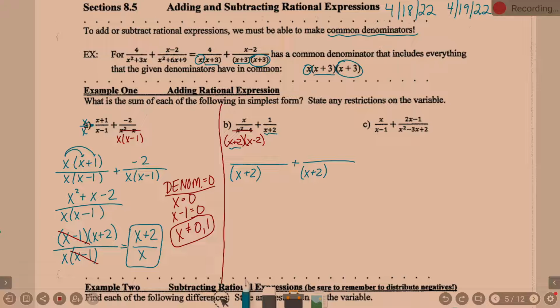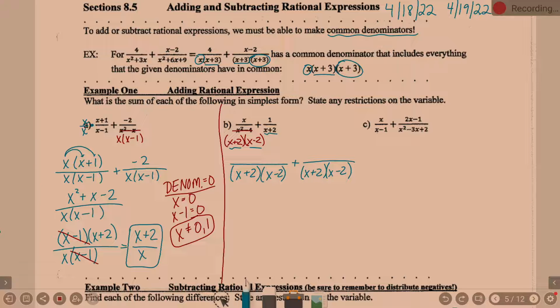What about leftover factors? Not x, but they have a factor of x minus 2 here. So we also have to include x minus 2 in our common denominator. So our common denominator is going to be x plus 2 times x minus 2. X plus 2 represents what is in common. X minus 2 represents leftover pieces.